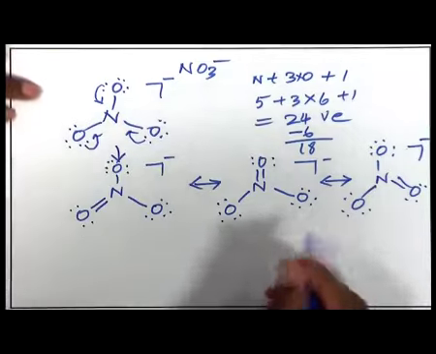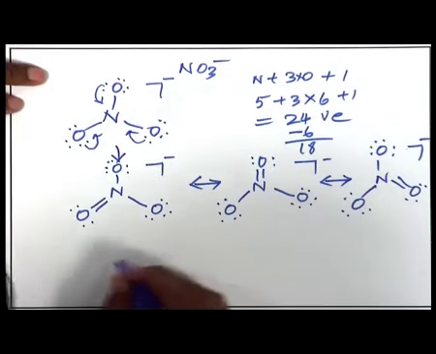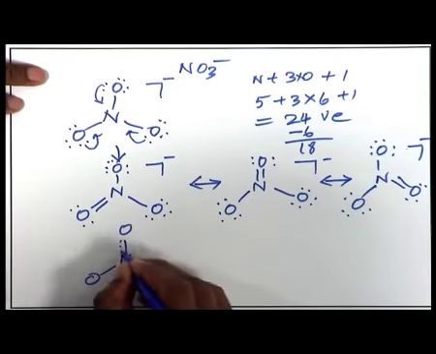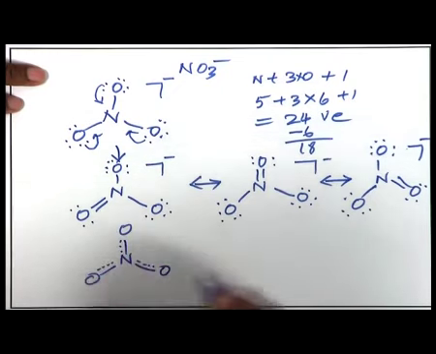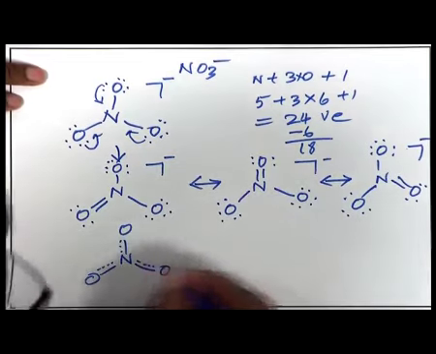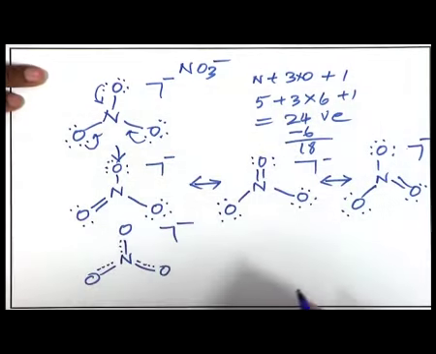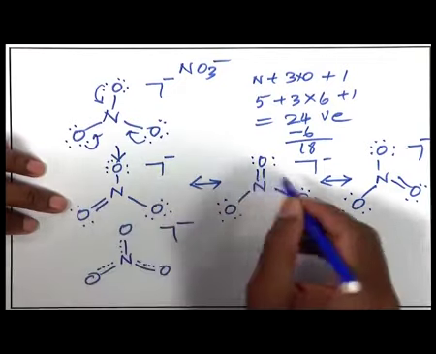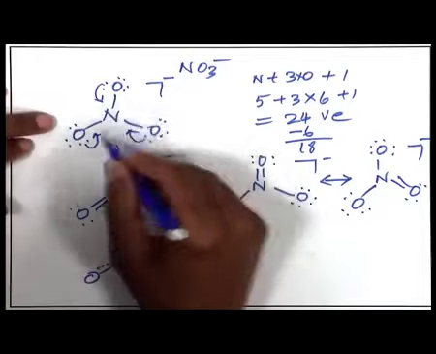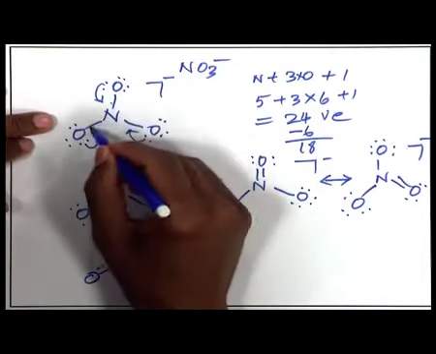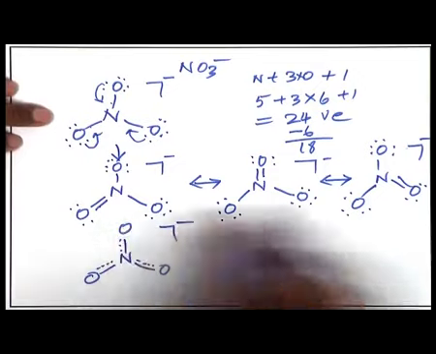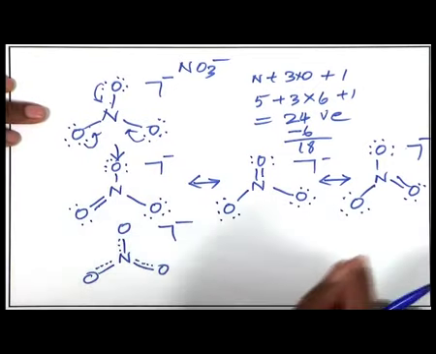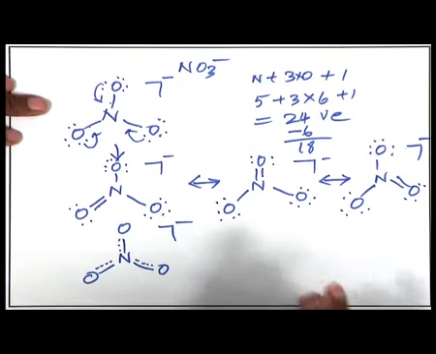They are resonance structures. The resonance hybrid structure is this one, which is shown with dotted lines, and the overall charge is negative. So, you can see that the double bond can be here or here or here. That means all 3 structures are equivalent and they contribute to the actual ground state electronic structure of NO3 minus.